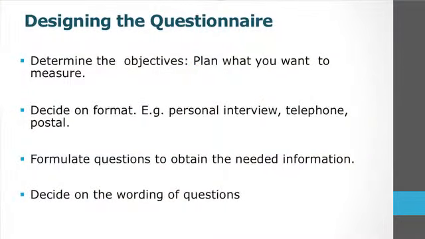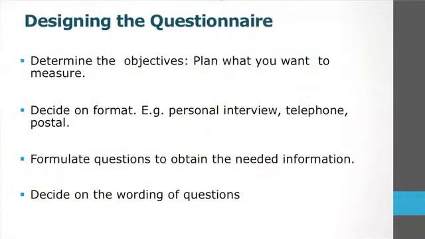The first thing is to determine the objectives. What is it that I want to measure? So you need to plan what you want to measure first. The second thing is to decide on the format. How am I going to get that information?